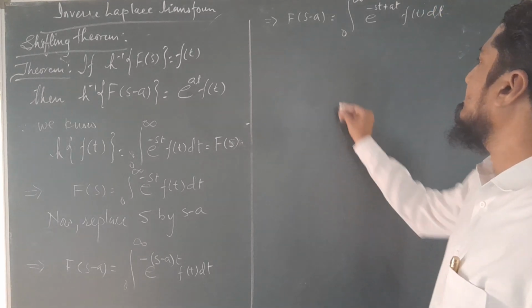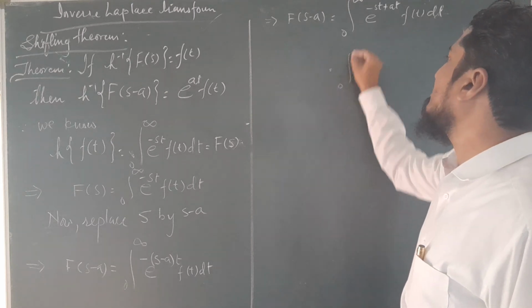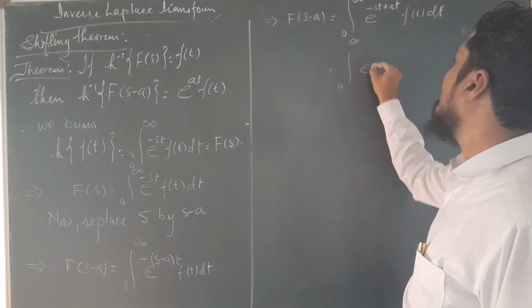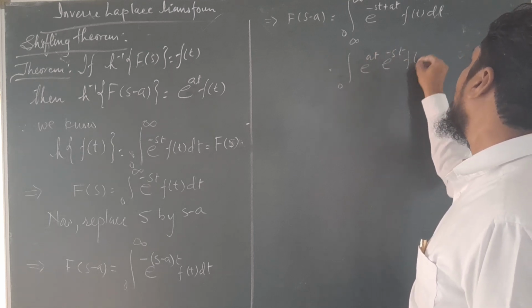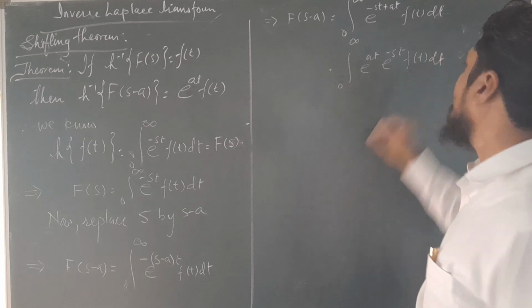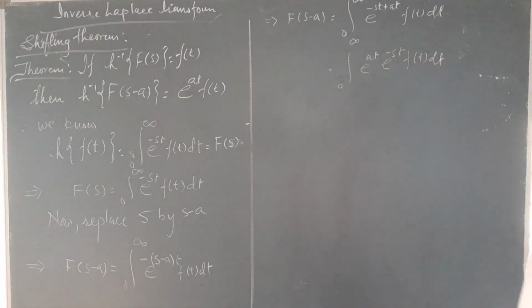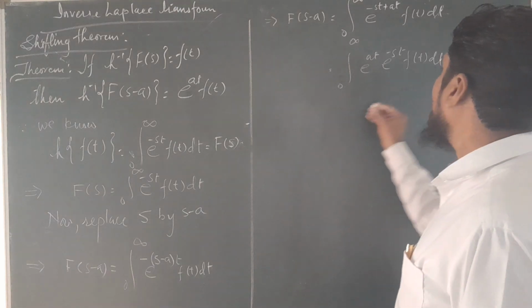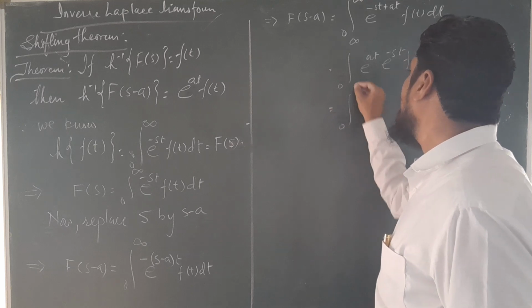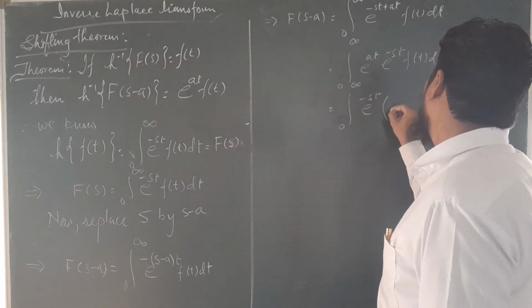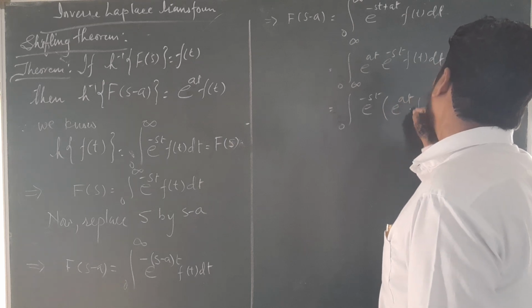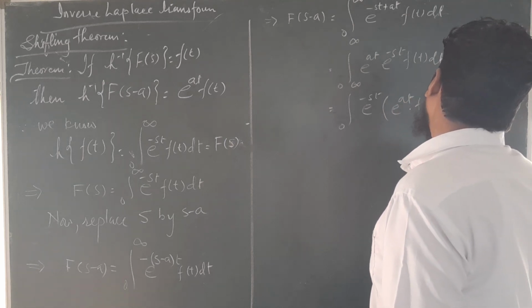Now we have integration from 0 to infinity e raised to at e raised to minus st f(t) dt, or we can write it as 0 to infinity e raised to minus st times e raised to at f(t) dt.